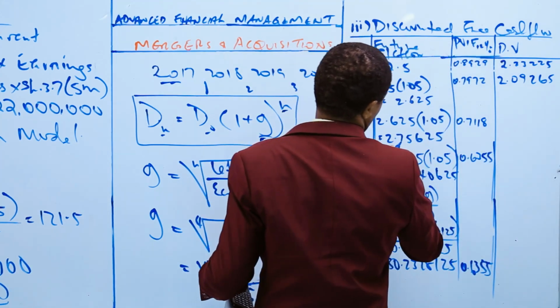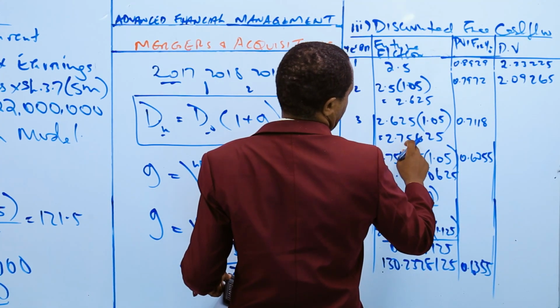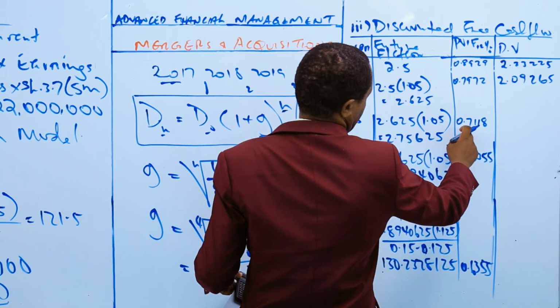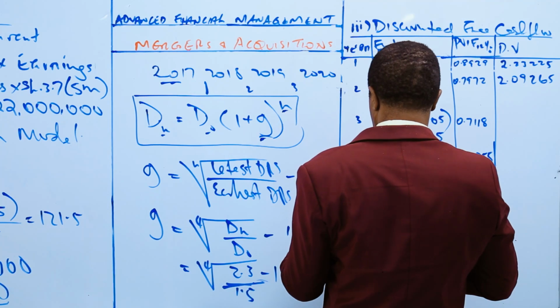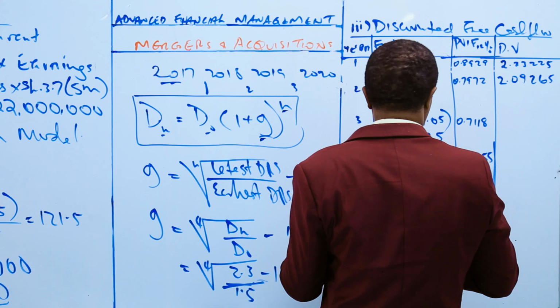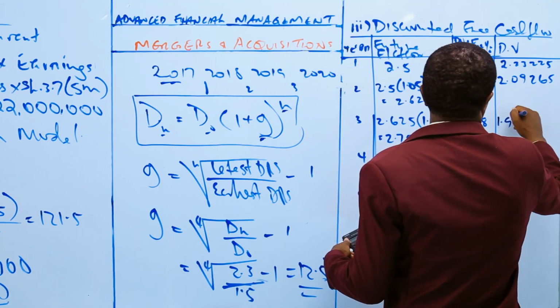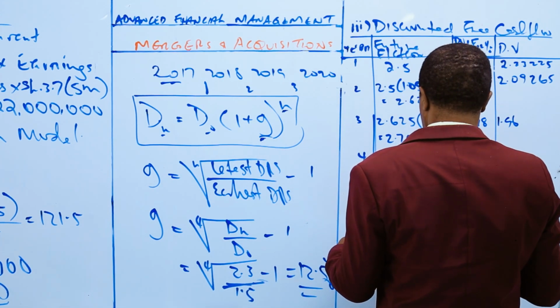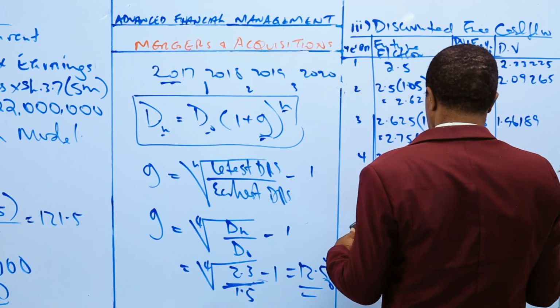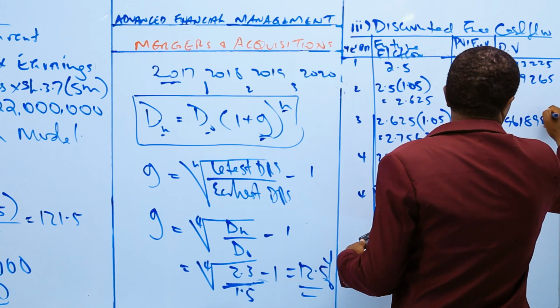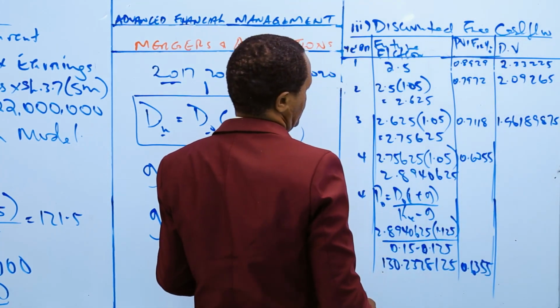Next, I have 2.75625 times 0.7118. This gives me 1.96189875.